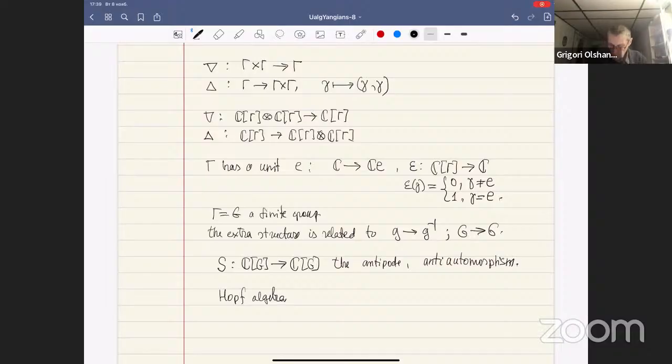And so in the finite group case, we have the square of the antipode is the identity map.